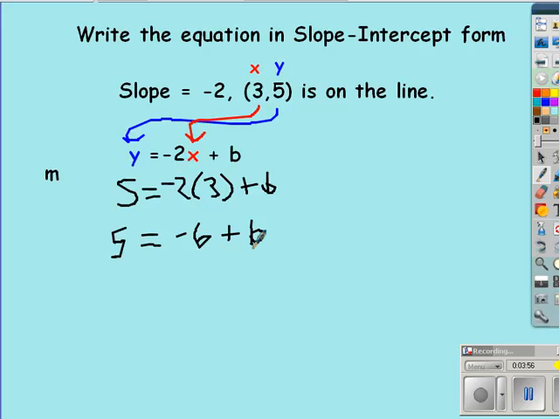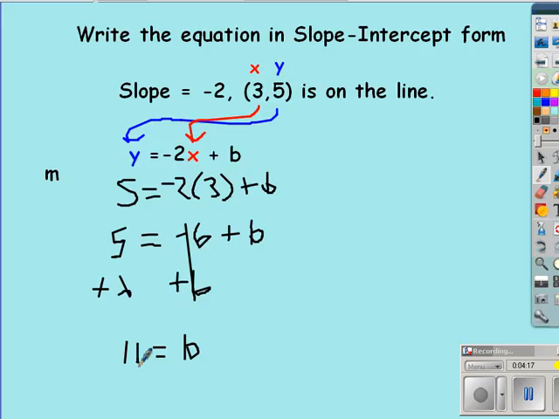To get b all by itself, I'm going to add 6 to both sides. And I'm left with b equals 11.